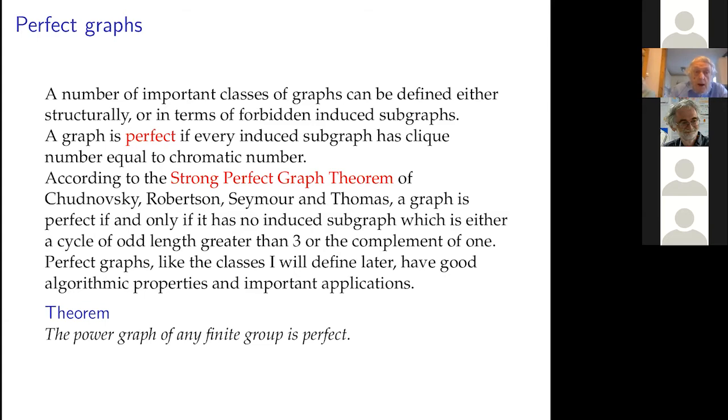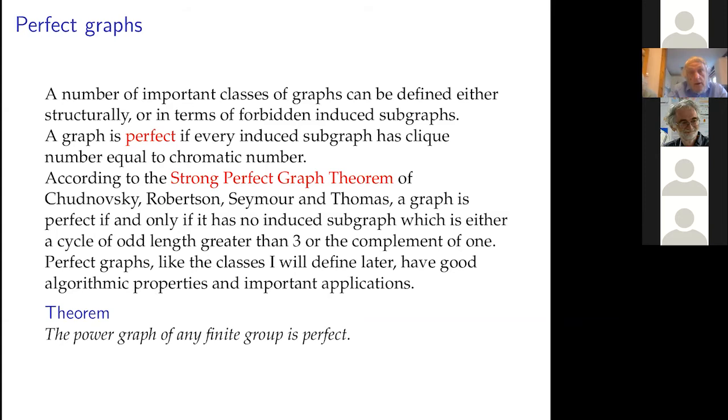But when I defined the power graph, I mentioned that you might think it should be a directed graph. We join x and y if one of them is a power of the other. But you might say we should put a directed arc from x to y if y is a power of x. If you think about that directed graph, you will see that it is a partial preorder, that is, a reflexive and transitive relation.